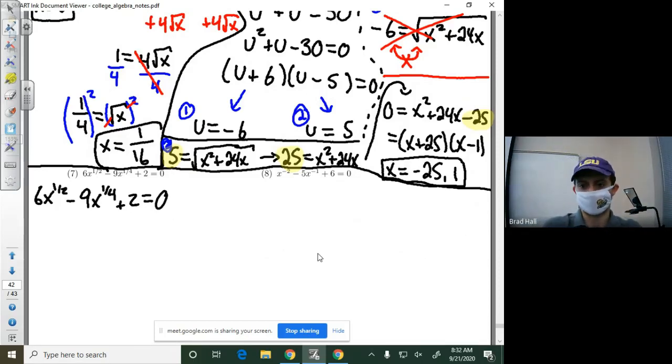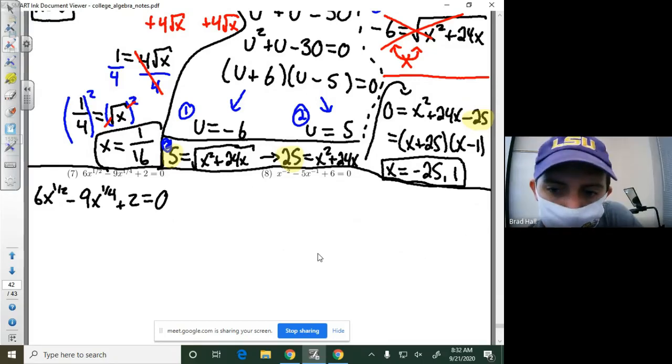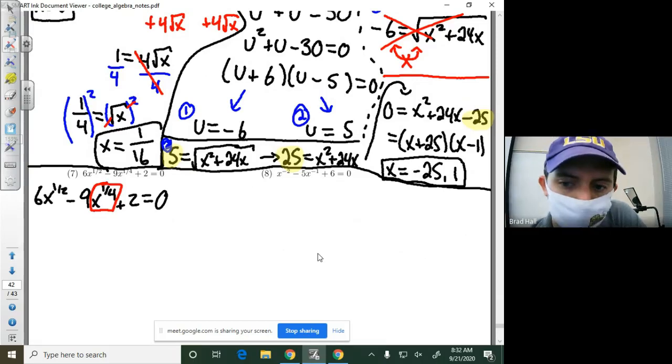So here we will have another u substitution, naturally. And in this case, generally, as I mentioned, the middle term gives us a good idea about that. This will, in fact, be u.